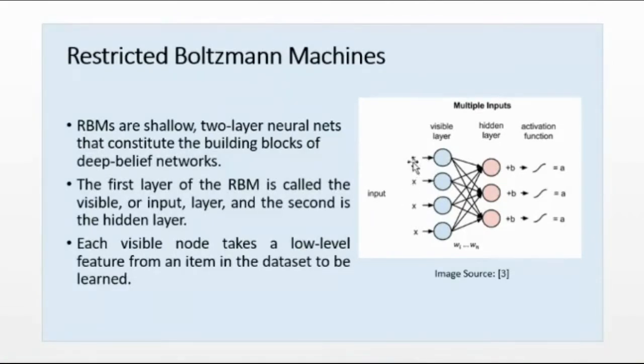For example, if you have an image, you give a single image as input. Here each input is a pixel, and it is a grayscale image, so the pixel value is either 1 or 0. So it is a binary distribution: 1, 0, 1, 0, like that.